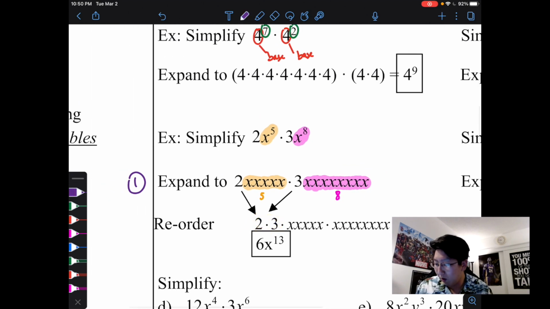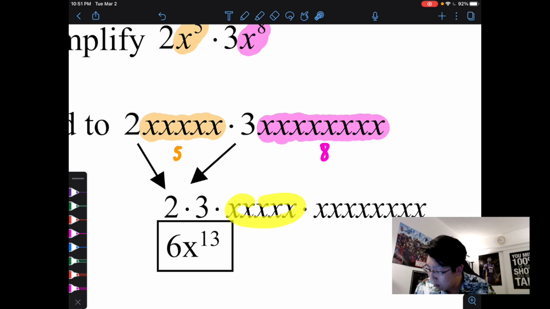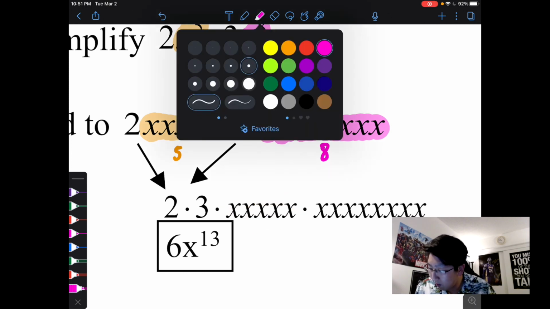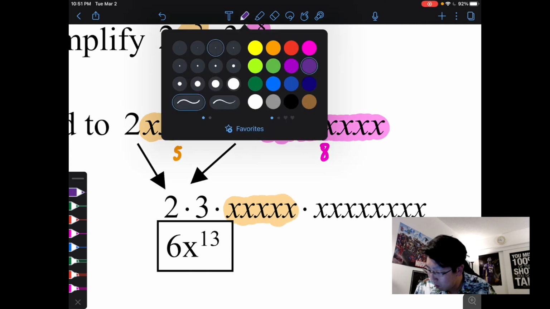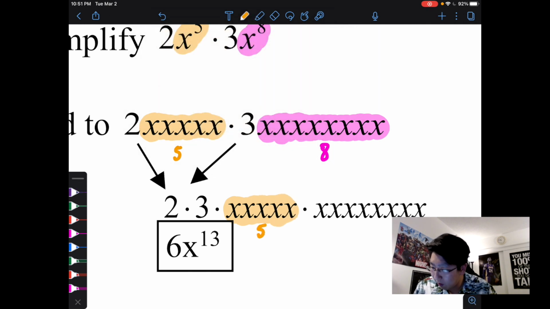So next, after I expand, I'm going to reorder. The 2 and the 3, the numbers, I'm going to bring to the front, and then we have x to the 5th right here. Let's pull up orange: 5 x's here, and 8 x's here.